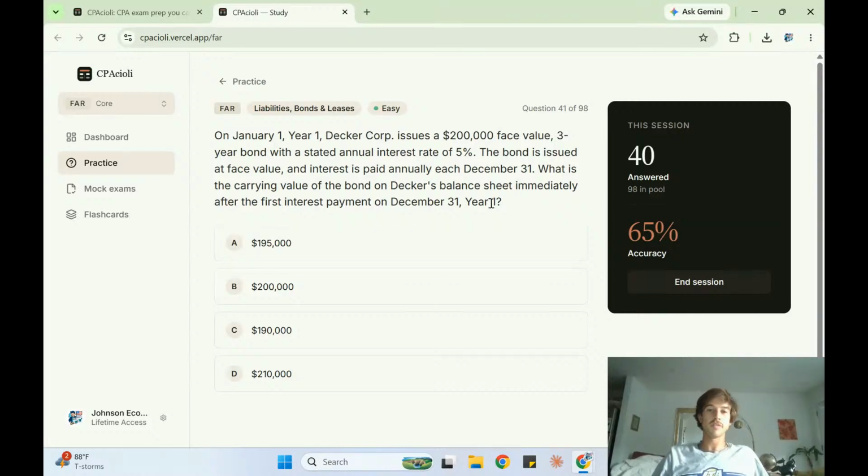So 5% of 200 is $10,000, I believe. After the first interest payment, I believe it'd just be 190.